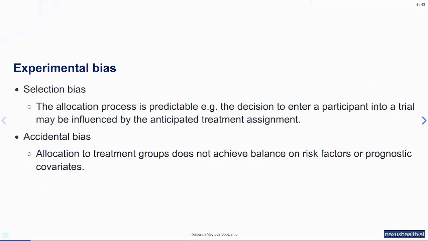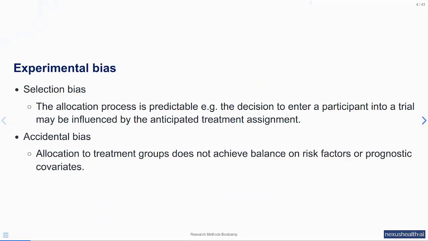So if, for example, we have a clinical trial of a new drug that potentially has better outcomes than existing drugs, then it's very possible that the investigator may be tempted to assign a participant to whom he or she is empathetic or sympathetic into the drug treatment arm, because he hopes or believes that the person may benefit from that treatment. So that's an example of selection bias.